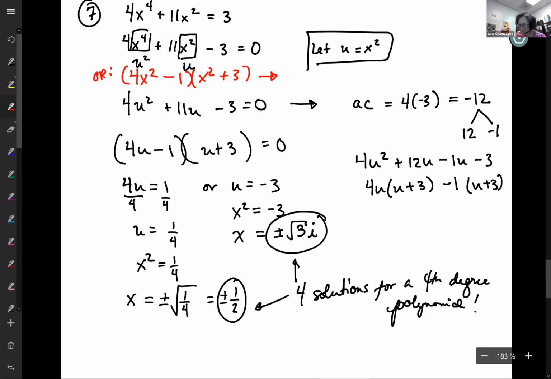That would give you 4x squared equals 1. So x squared is 1/4. So x is plus or minus 1/2. Or x squared equals negative 3. Oops, x squared equals negative 3 gives you x equal plus or minus root 3i that way. So either way.